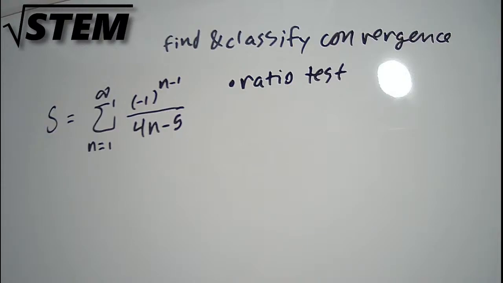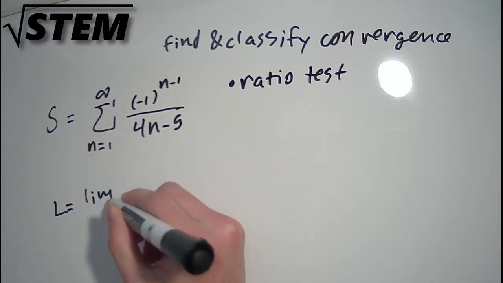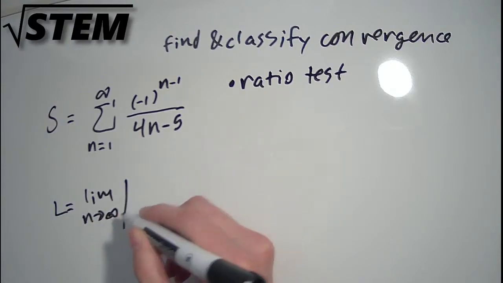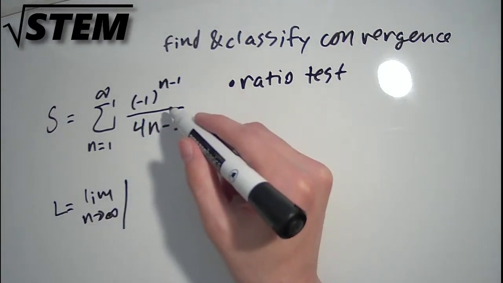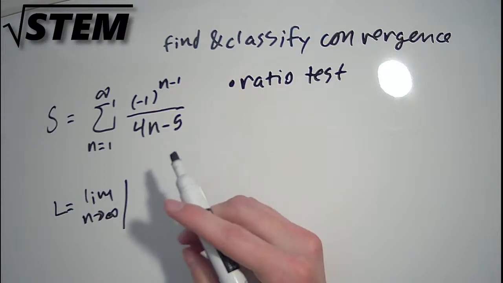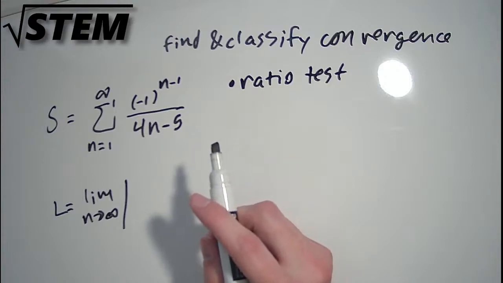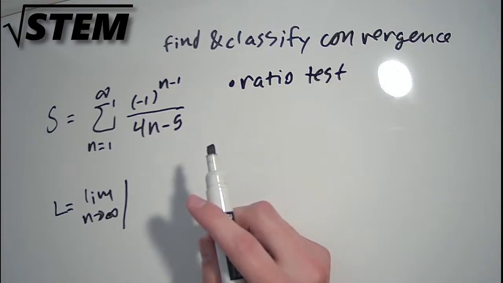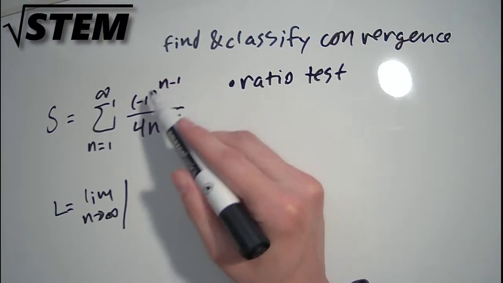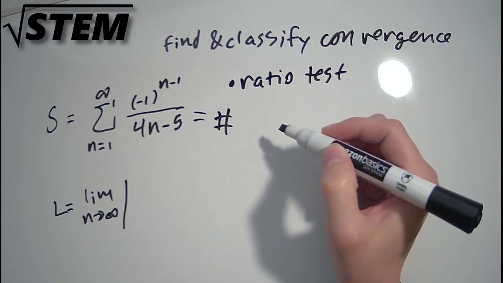So if we're going to take the limit, the absolute value of this to the n plus 1 over that with n, doesn't ask for a finite number. I did the absolute value of an and summed it and got diverging, but I can't figure out the sum of an. Yeah, I don't think we'll be able to find a number. Like, I don't think we can say this equals something.